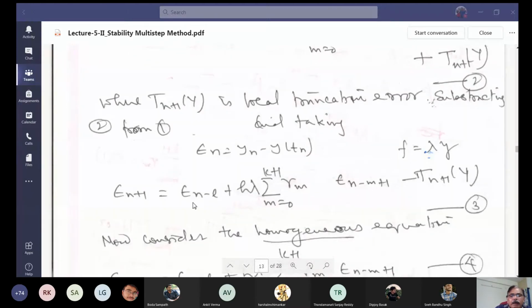And similarly, we write the other term. So it will be h lambda times the sum with m running from 0 to k plus 1, because you are applying on y prime equal to lambda y, gamma_m and then epsilon_{n-m+1}, because it is your y. And since we have subtracted 1 minus 2, there is the minus of the local truncation error at t_{n+1}.